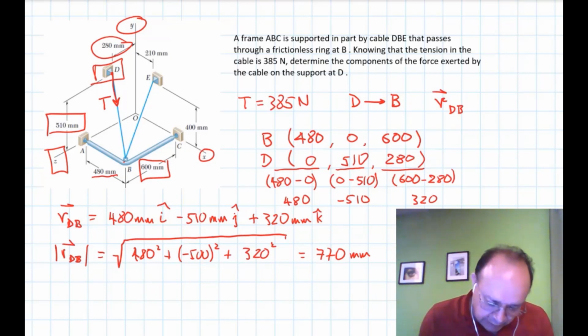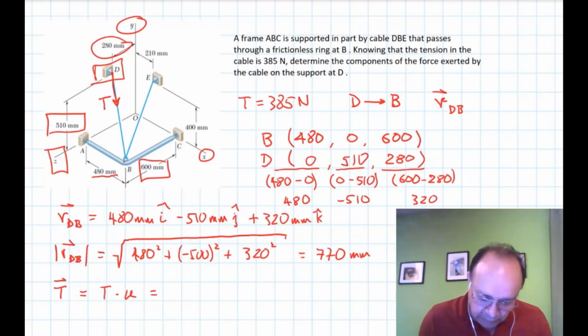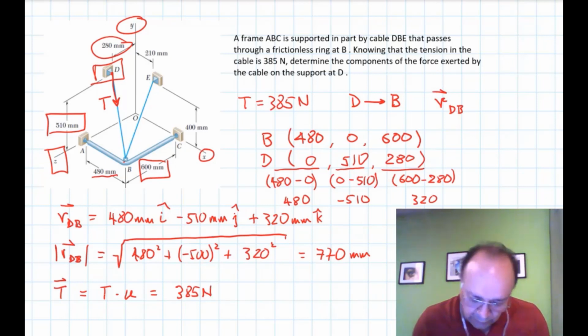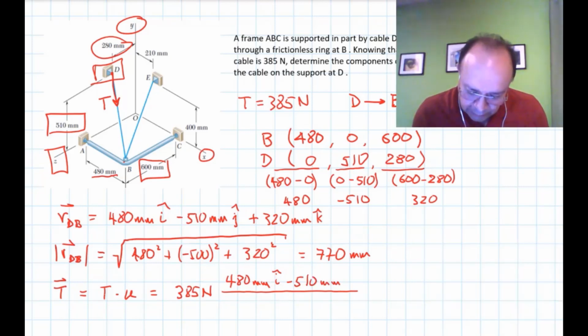So now we're going to express our force T as the magnitude times the unit vector, where the magnitude is 385 newtons, and the unit vector is RDB, 480 millimeters i minus 510 millimeters j plus 320 millimeters k, divided by the magnitude of 770 millimeters.